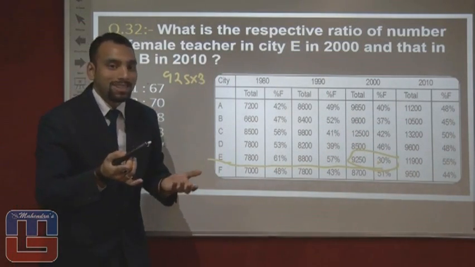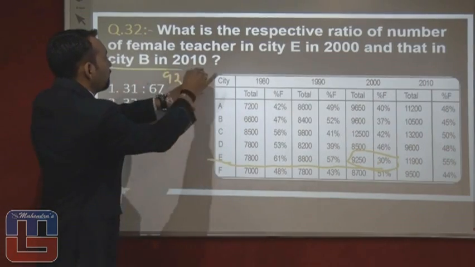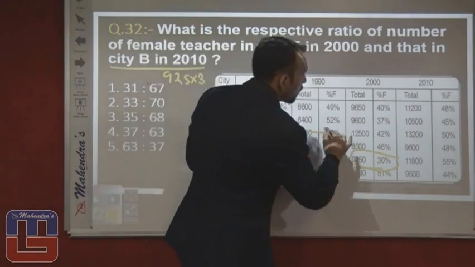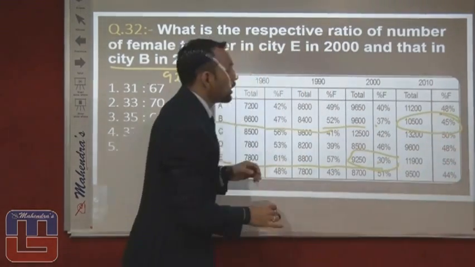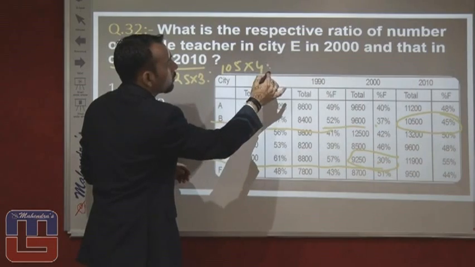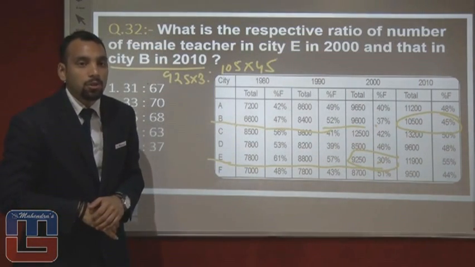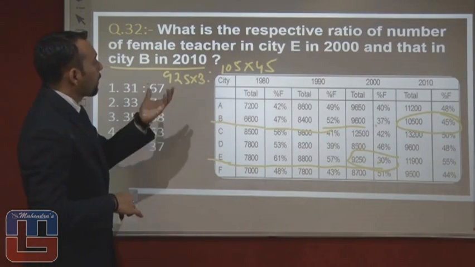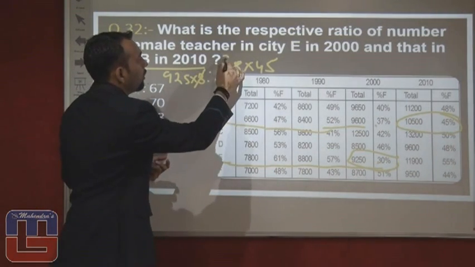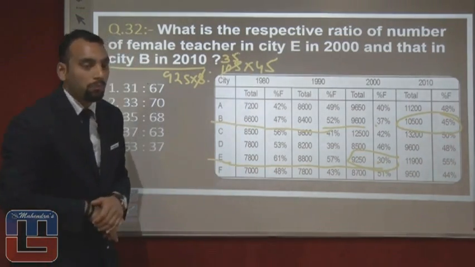Respective ratio city B in 2010, city B, where is city B? This one. Now see, here you will get 105 into 45. Alright. So, now see, cancel this one by 3935.